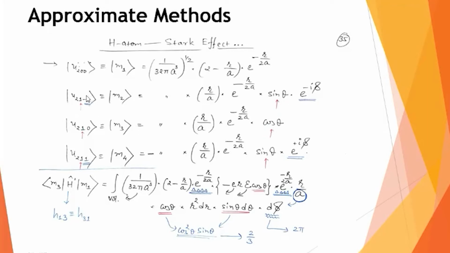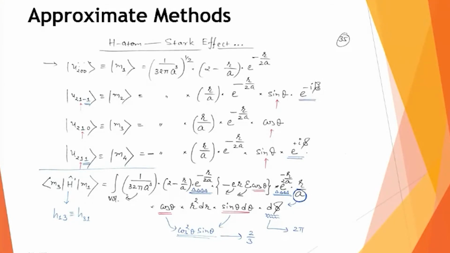Similarly, if you have M, the magnetic quantum number, other than 0: you can see in the third expression, where M is 0, there is no phi dependency. The azimuthal angle is not present in the third expression. But whenever the magnetic quantum number M is other than 0, like in the second where it is minus 1, while in the fourth equation it is plus 1, you can see there is an exponential term containing the azimuthal angle.